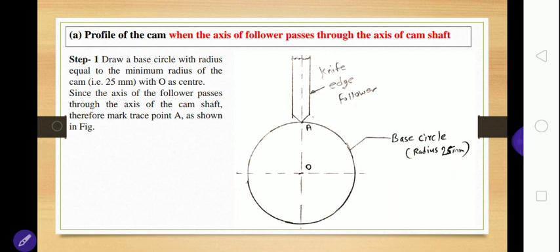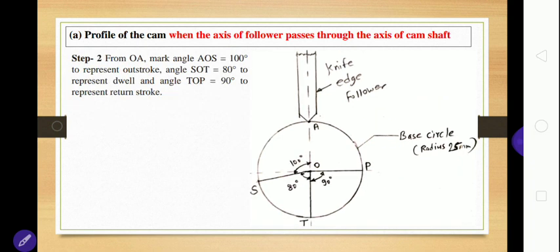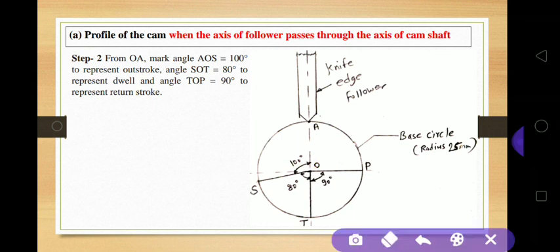The second step is to divide this circle into outstroke, dwell and return stroke. From OA plot in anticlockwise direction the angle 100 degrees, which is the outstroke angle, then dwell 80 degrees, and then the return stroke angle, that is 90 degrees.